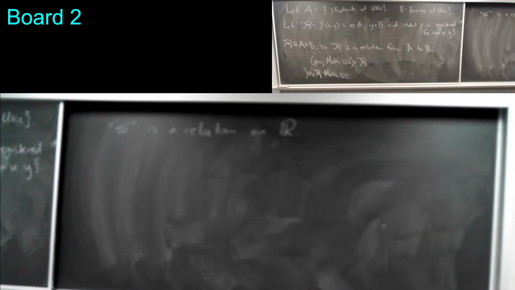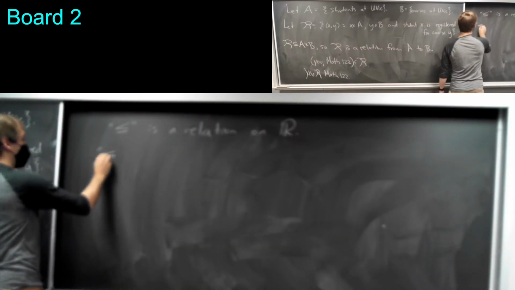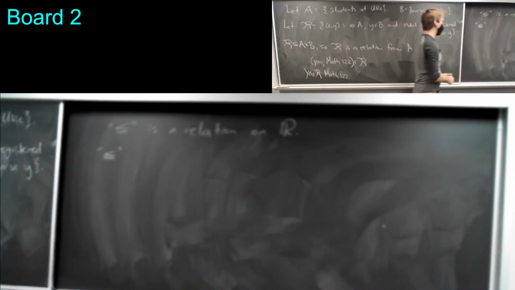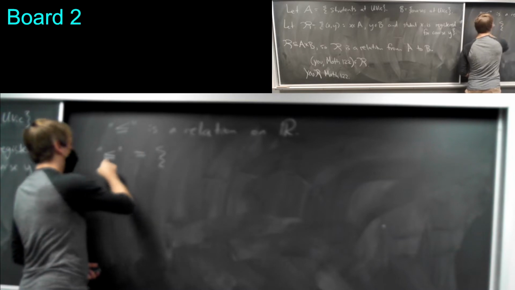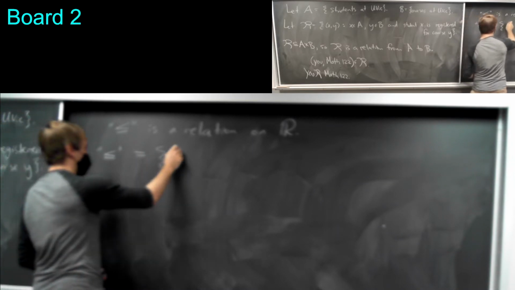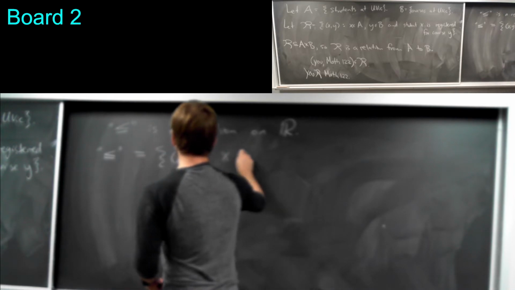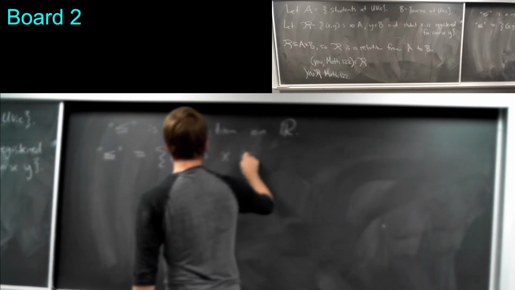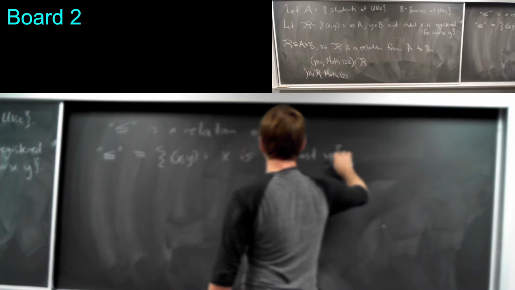because it indicates a relationship between two elements of R. One kind of annoying thing is, I've defined a relation to be a set, so it's a little bit weird to write that less than or equal to is a set, but you can think of this as all the pairs x, y, such that x is at most y.